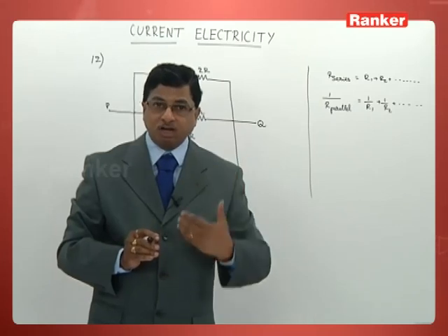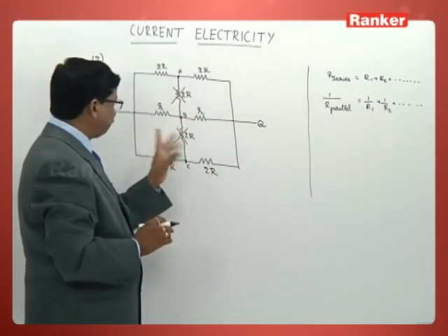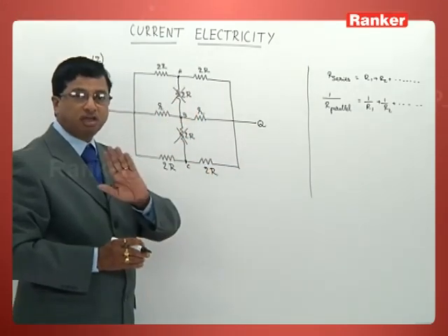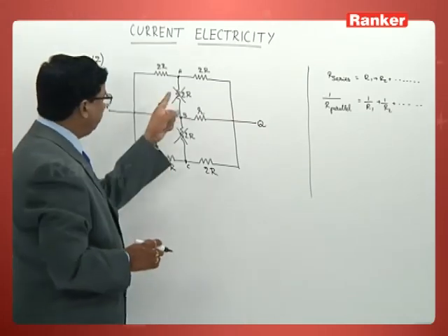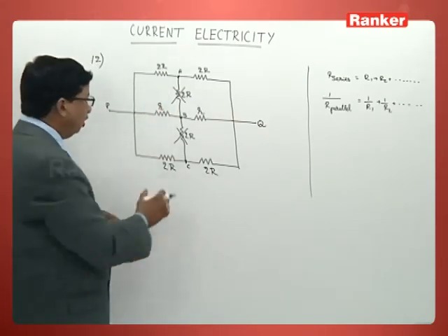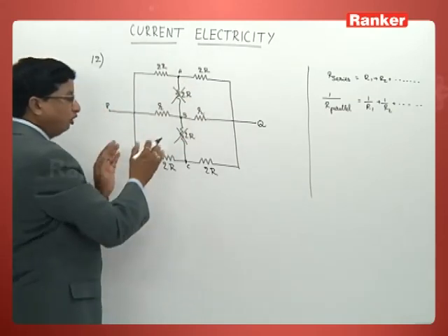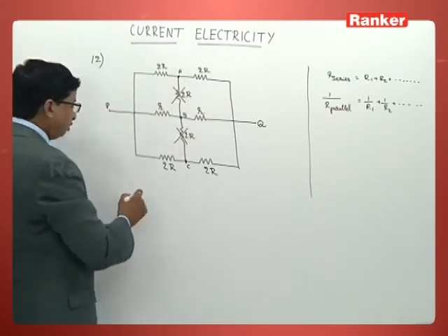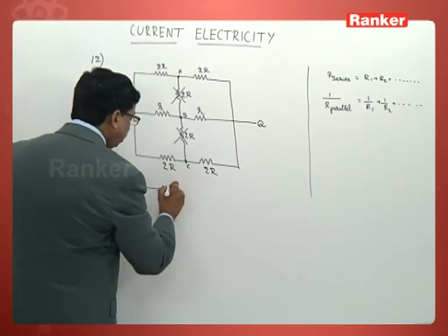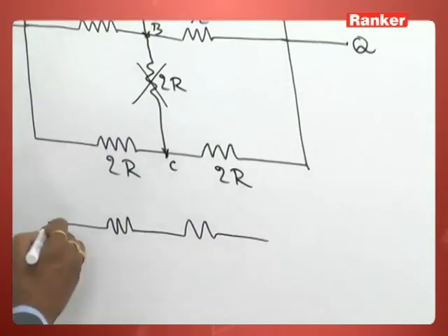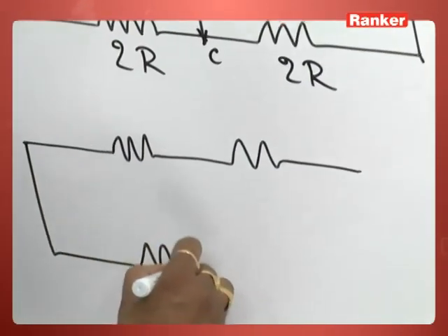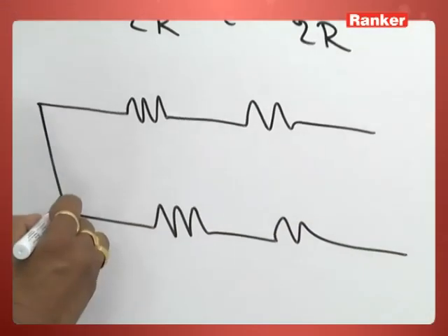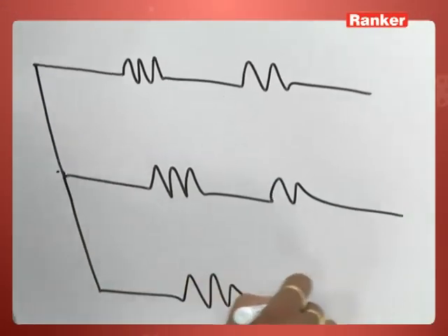So what we should understand from this is that these two resistances need not be considered now. The moment you eliminate these two, look at how this total circuit now becomes. You will be finding two resistances like this, two more resistances like this, two more resistances like this.